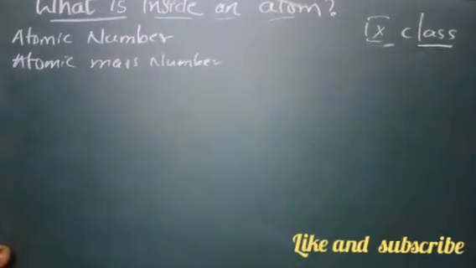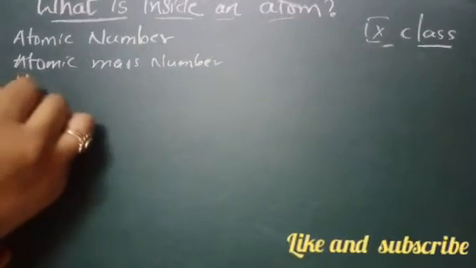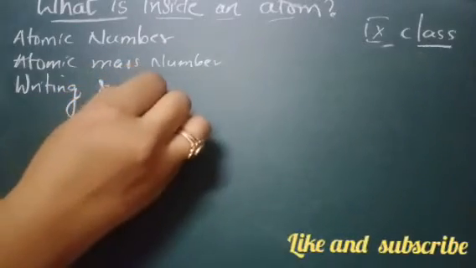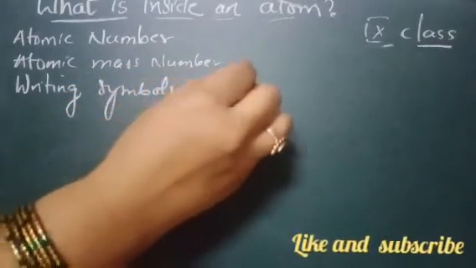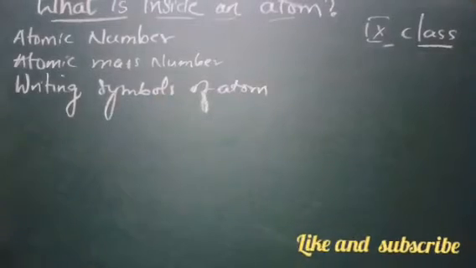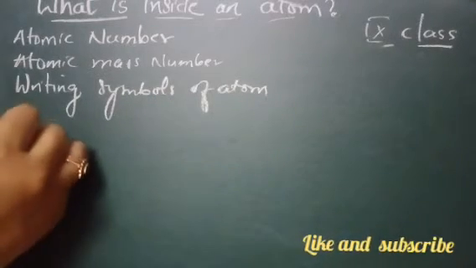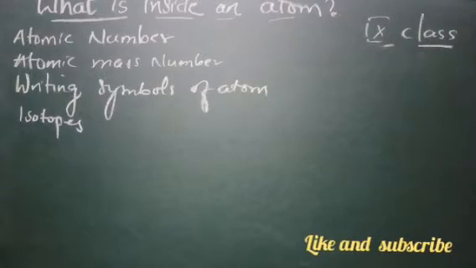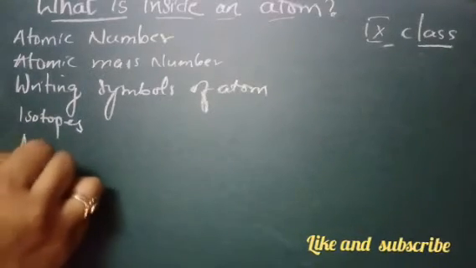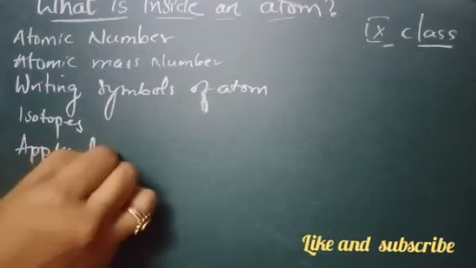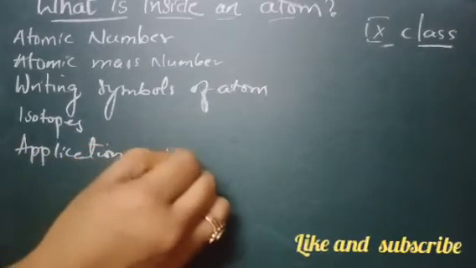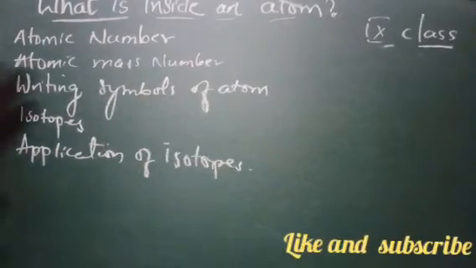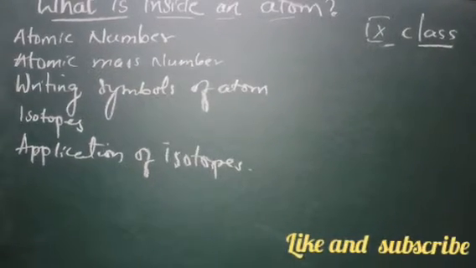We are going to learn how to write the symbols of atoms, and we are going to learn about isotopes. What are isotopes and applications of isotopes? Okay, these are the topics that we are going to cover in today's class.